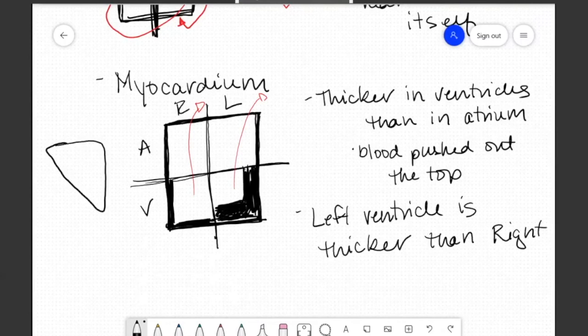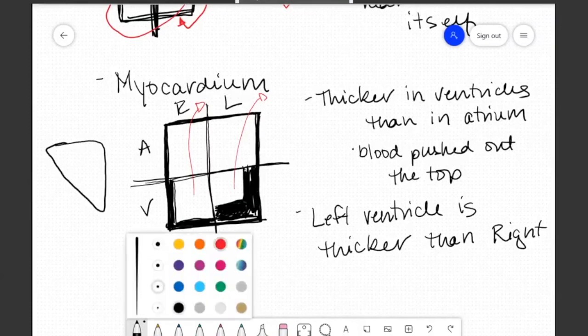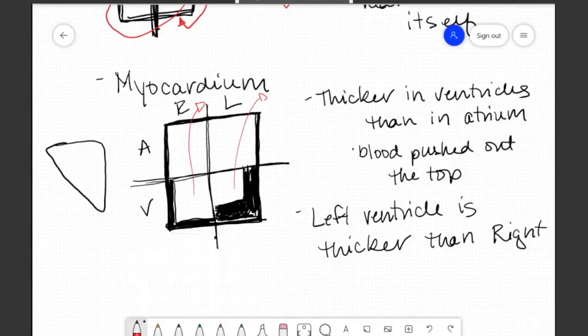In general, our ventricles are thicker than our atrium, but our left ventricle is way thicker. The reason is, yes, it is true that they both have to squeeze blood up and out. But your right ventricle is sending it to your lungs, remember? That's really close by. It sits right next door to them. That's not a very far distance, so it doesn't have to squeeze that hard. Whereas your left ventricle, remember, is sending it all the way to the body.